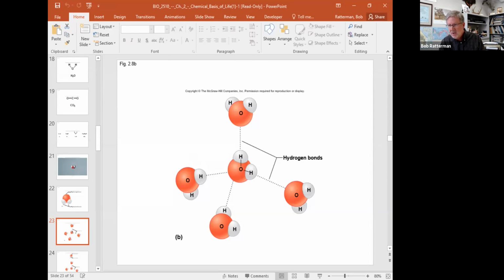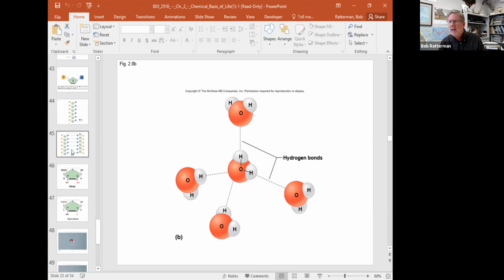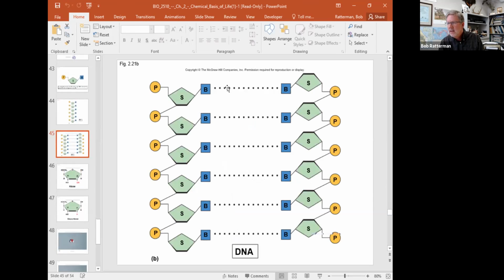Another molecule where you can see hydrogen bonds forming is DNA. Here we're looking at a part of the DNA molecule. These are called nucleotides. They're the building blocks of DNA and RNA. And these are bases, like adenine and thymine and cytosine and guanine.